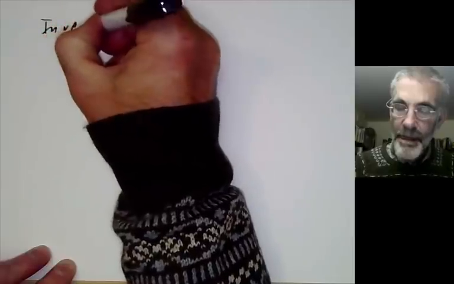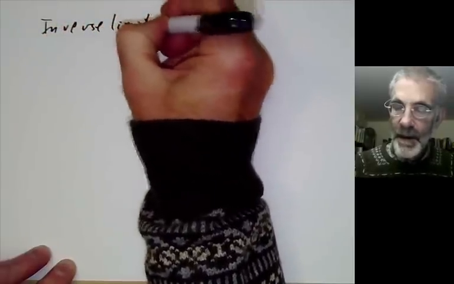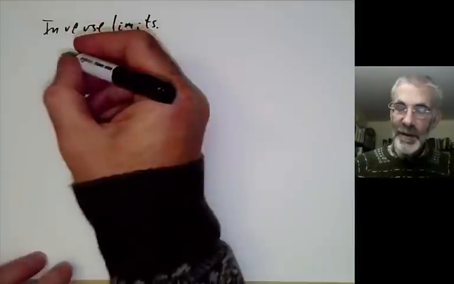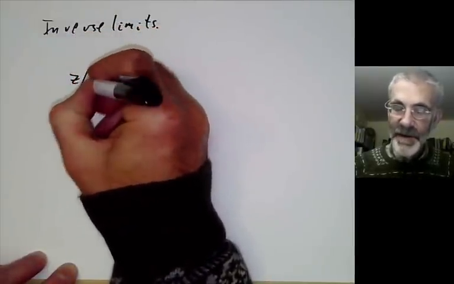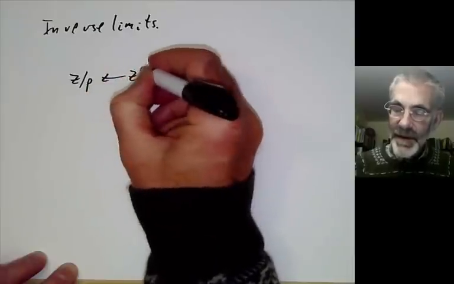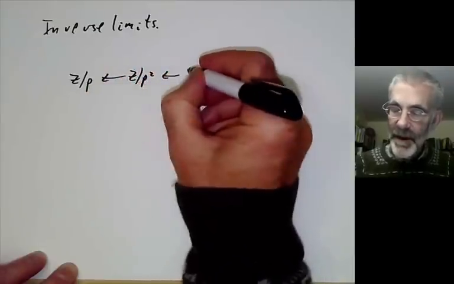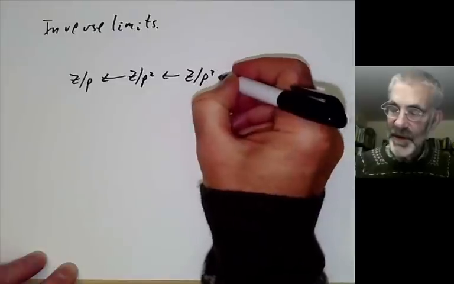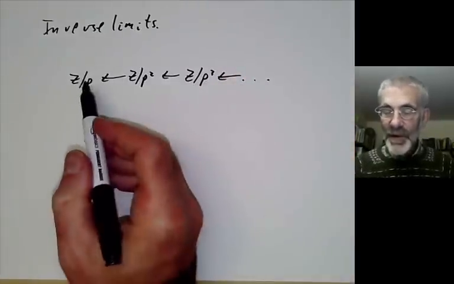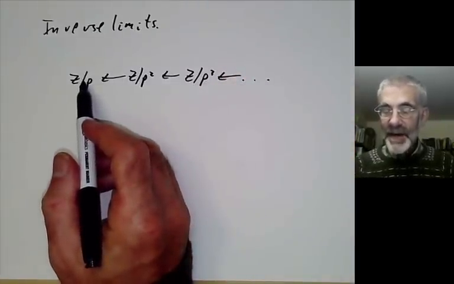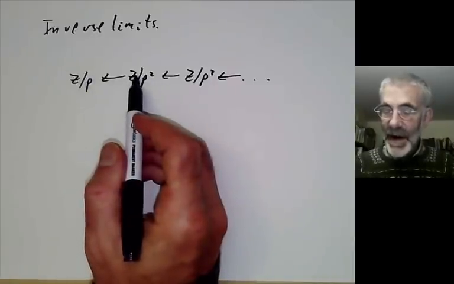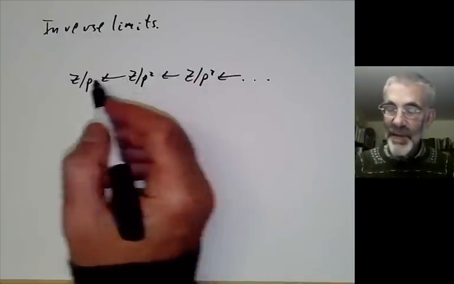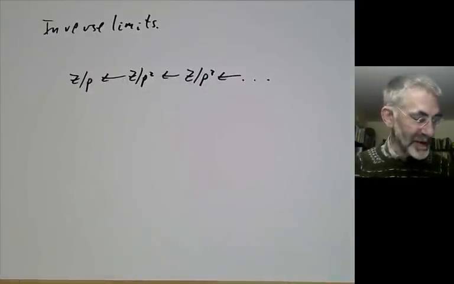Another example of limits are inverse limits. And here's a rather famous example of an inverse limit. Let's take the p-adic numbers. To take the p-adic numbers, you take the integers mod p and the integers mod p squared and the integers mod p cubed, and you kind of go on like that. And what you do is you take a p-adic number as given by picking an element from each of these groups in a way that's compatible with these restriction mappings.